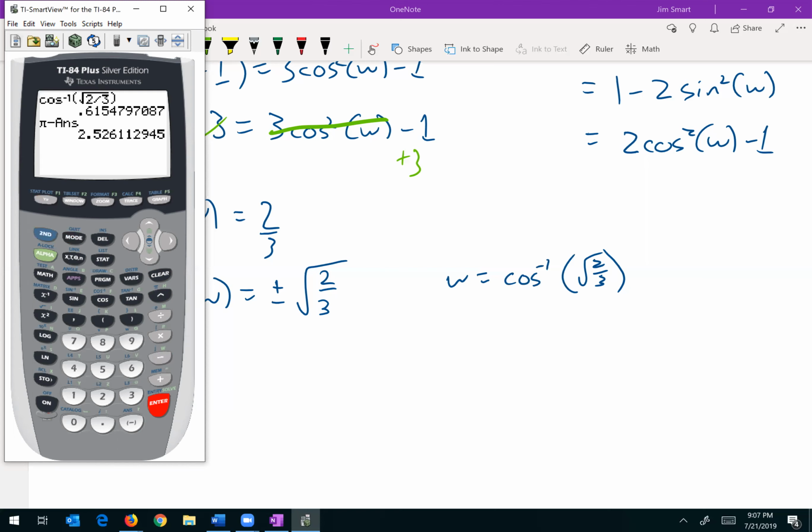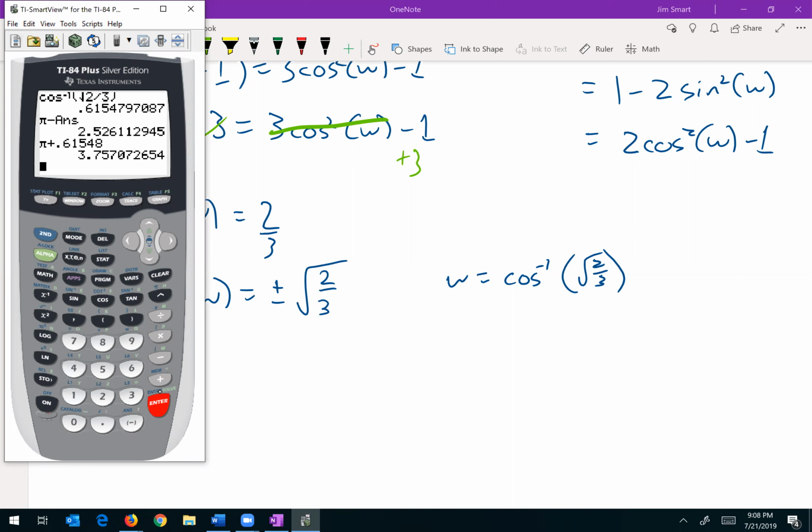For my third quadrant angle, I could do pi plus, and I'll use 0.61548. That's 5 decimal places, which is plenty.